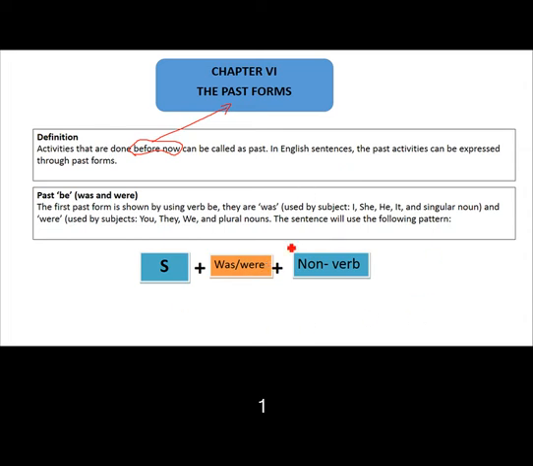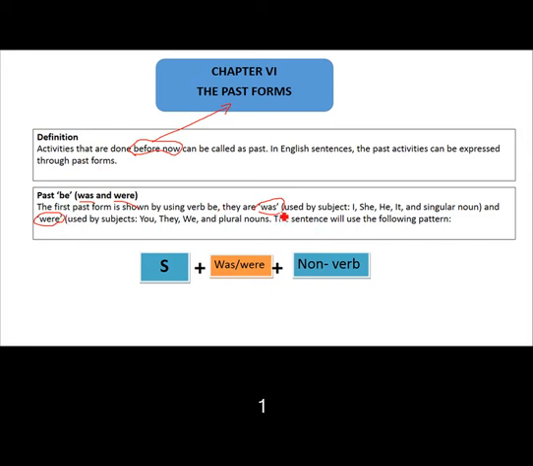There are three kinds of the past form. First of all, we are going to talk about the past be, that is about was and were. Here, the first past form is shown by using verb be. There are was, and second of all is were. This is the be that we use in the past form.